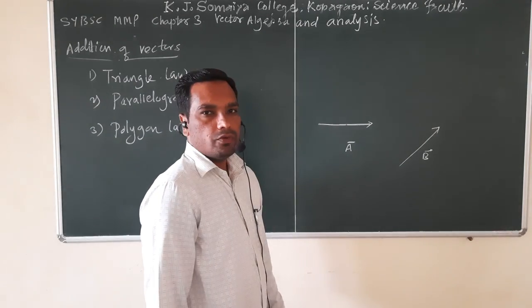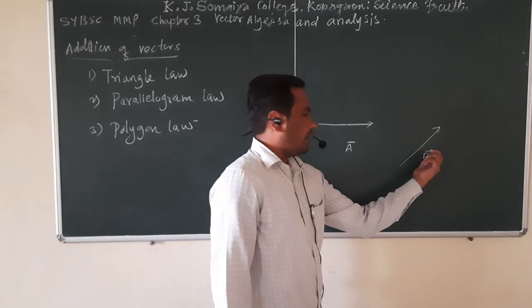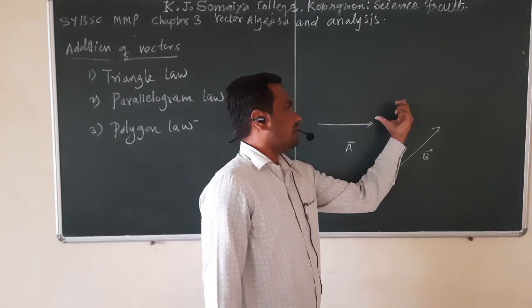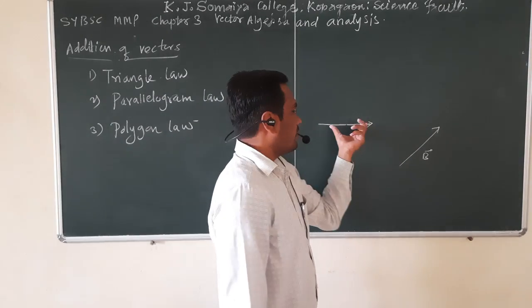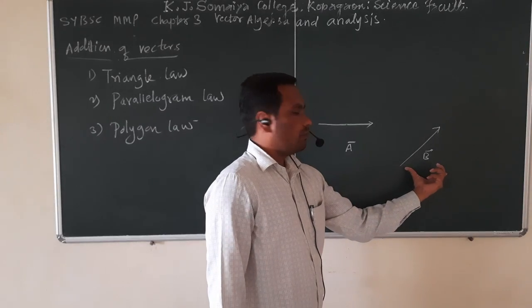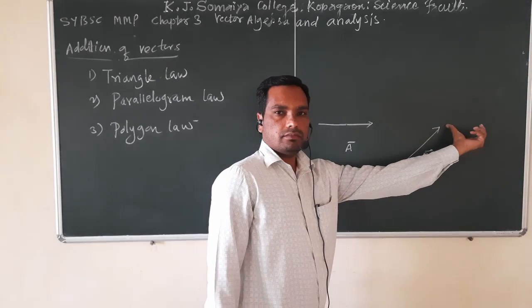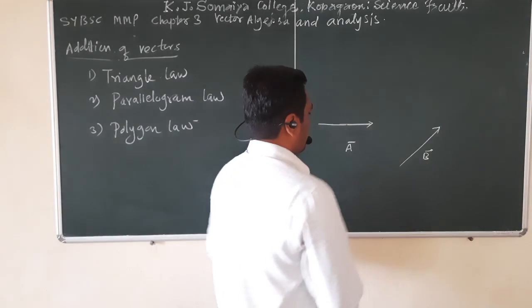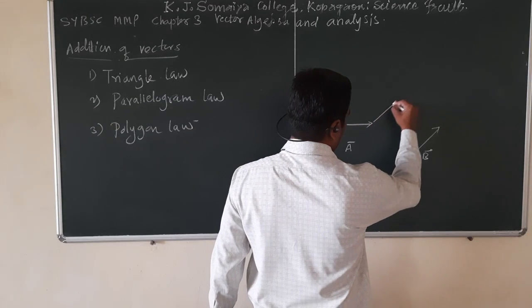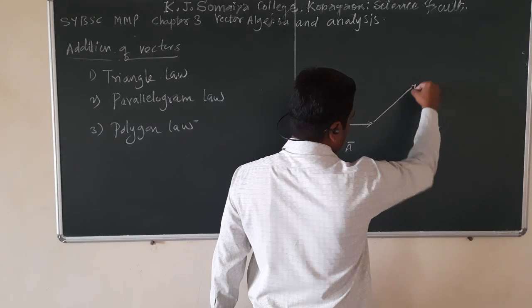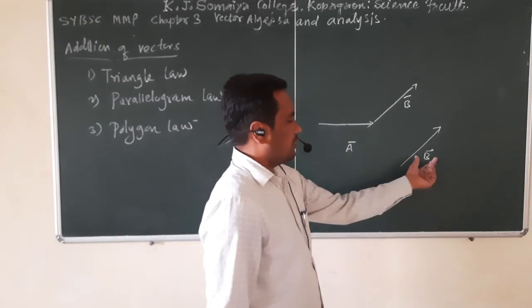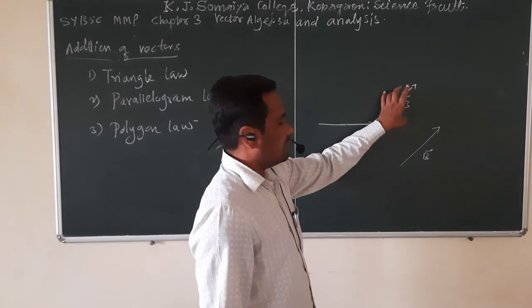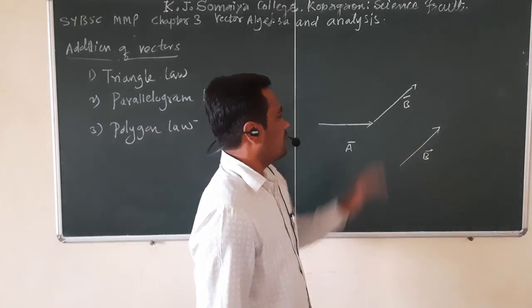So how can we use it? Take another vector and put that vector over here. Similarly, you can take this vector and put it over here. So if I take vector b over here, it is an equal vector to vector b, same magnitude, same direction.